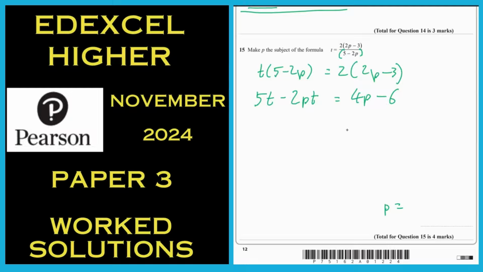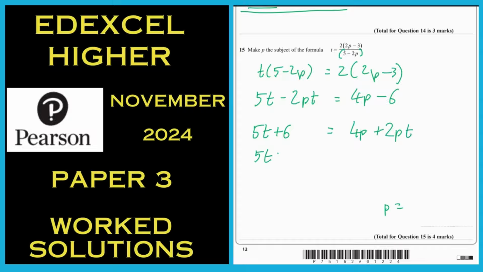To get P equals, you want all the P terms on the same side. You could, through habit, choose to get them on the left, but I'm going to go for the right-hand side here because I prefer to avoid negatives. I'm going to add 6 to both sides, whilst at the same time adding 2pt to both sides.